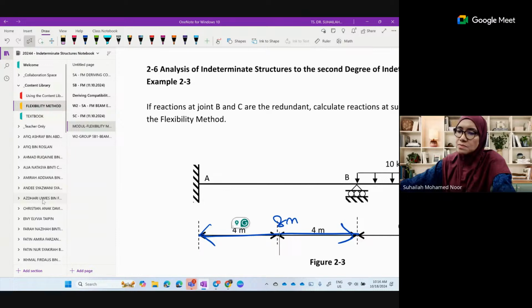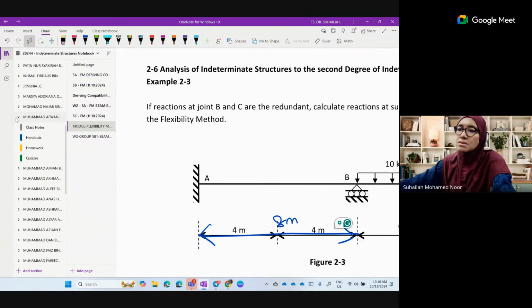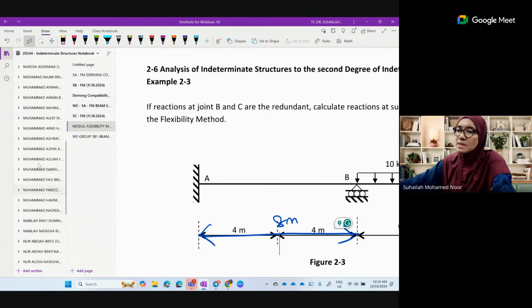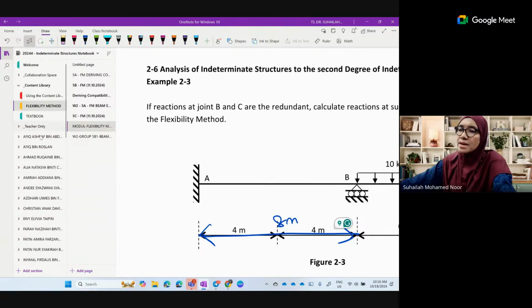Each of you has your own folder. Refer to OneNote under the title of this group, 2024 indeterminate structure, and then open content library. There is a soft copy of the module here.